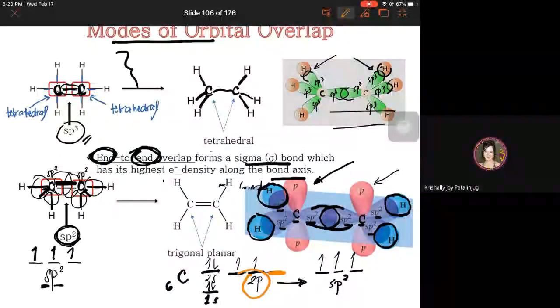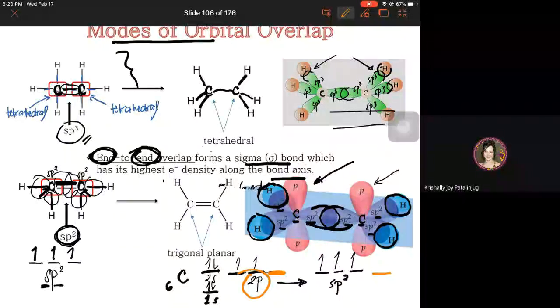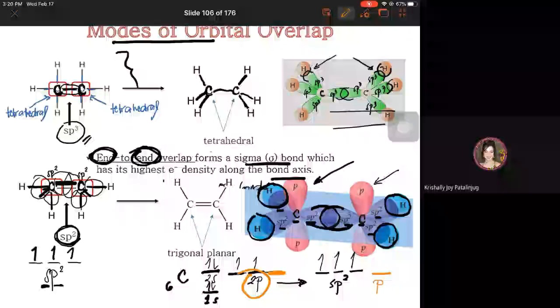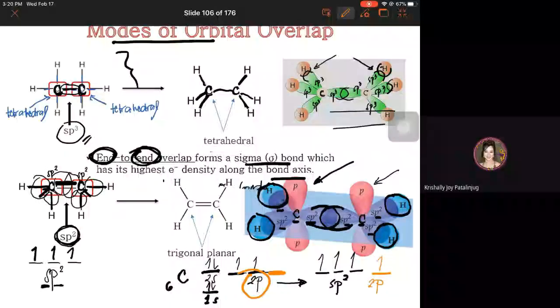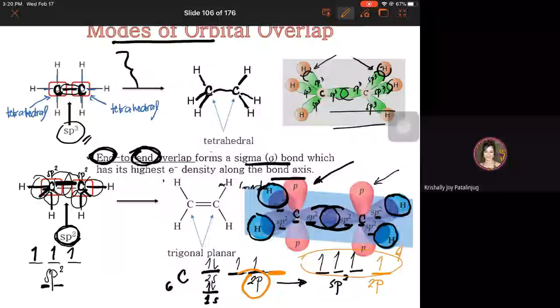That is why yung isang valence electron pa ng carbon is being occupied sa 2p orbital. So total of 4 valence electrons for carbon.